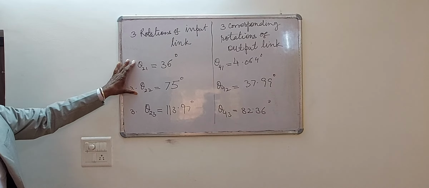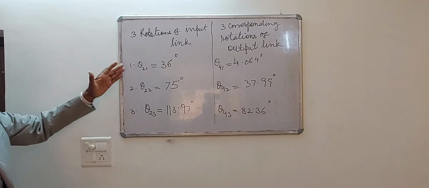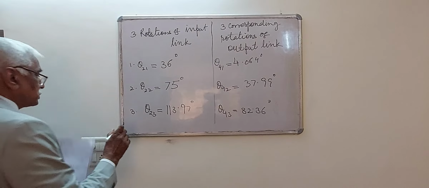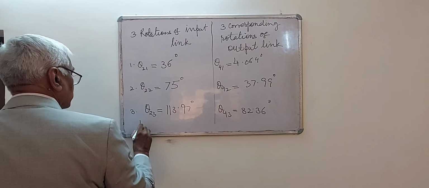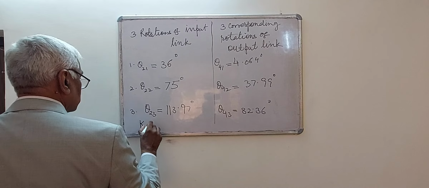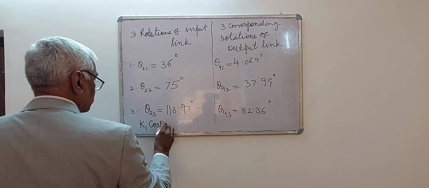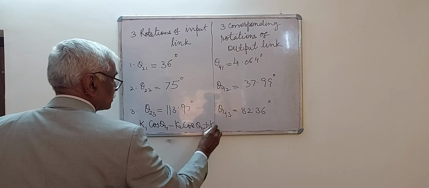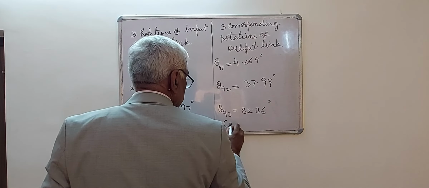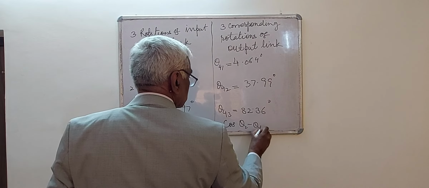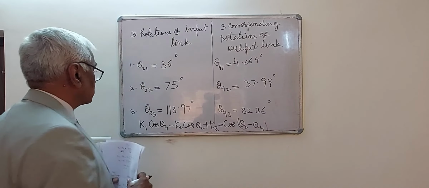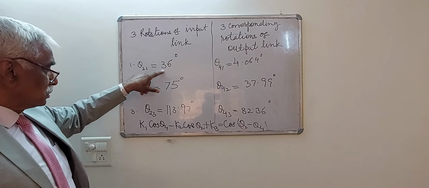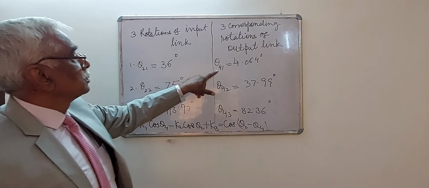Now, putting the values of three rotations of input link as well as corresponding rotations of the output link in the Freudenstein equation, I again write it: K1 cos theta 4 minus K2 cos theta 2 plus K3 is equal to cos(theta 2 minus theta 4). There are three sets of equations. One, you write theta 2 as 36 degree and theta 4 as 4 degree.